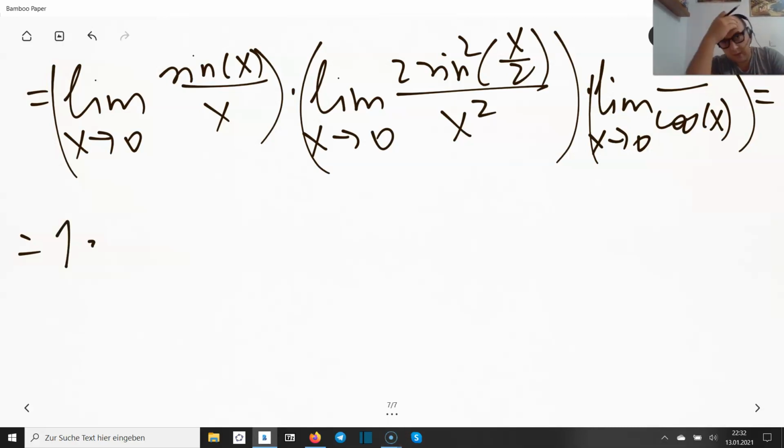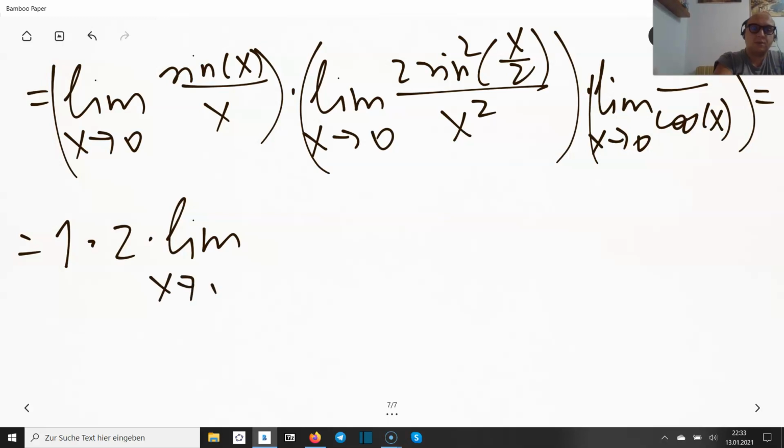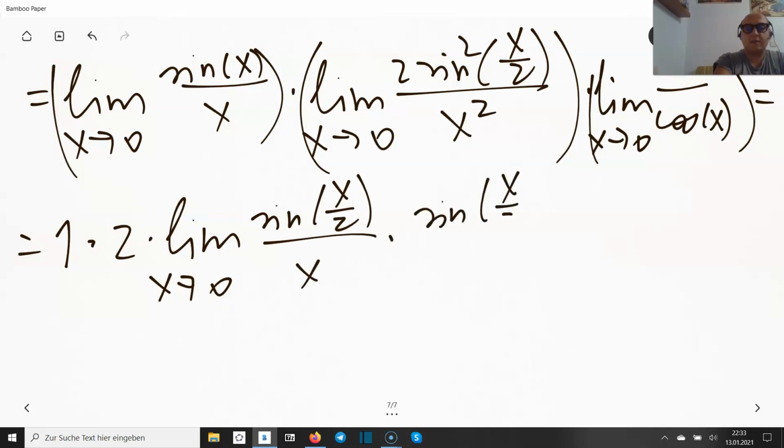What is happening here? Well, once again, we can split it. We can take 2 in front. We're having limit x towards 0 of sine of x divided by 2 divided by x, times sine of x divided by 2 divided by 1 more x. And the last limit, as x is approaching 0, it's 1 divided by the cosine of 0, which is 1. So this is 1 divided by 1, which is 1.